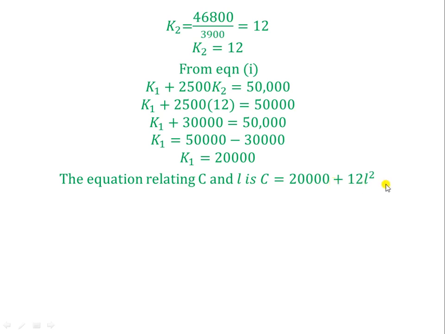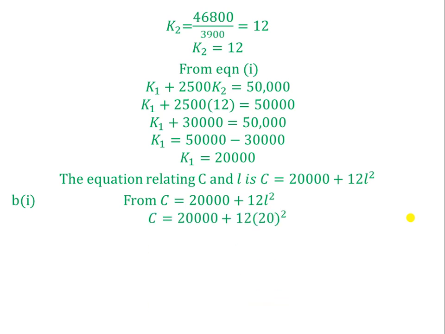At this point, you will have got almost 3/4 of the total marks given in that problem. We can now proceed to part B and look at Roman 1 of it. Roman 1 wanted us to find the value of C, that is the cost, when the length is 20 meters.